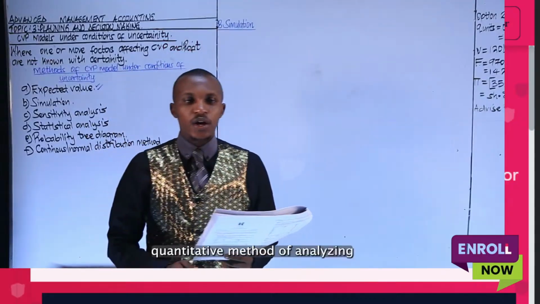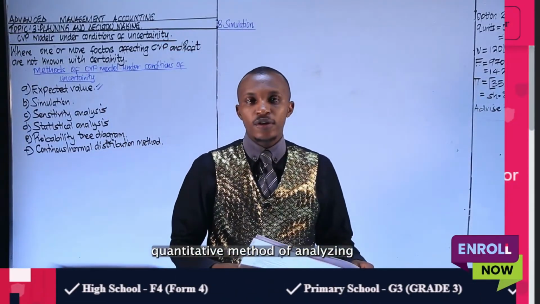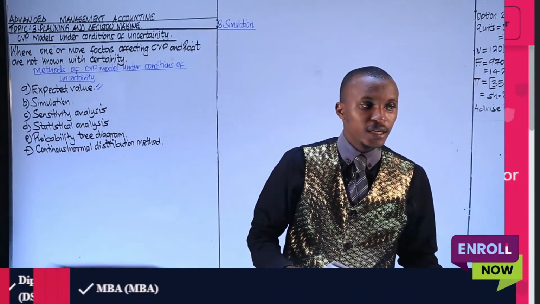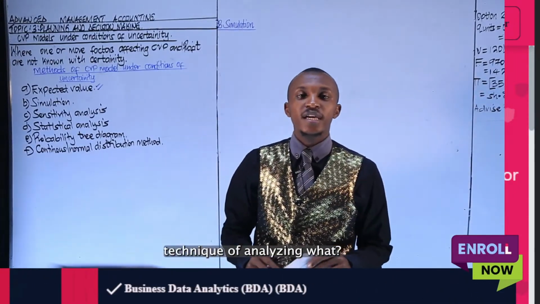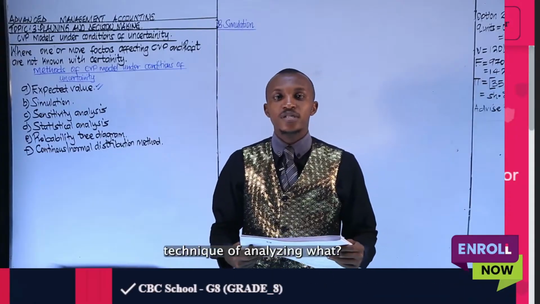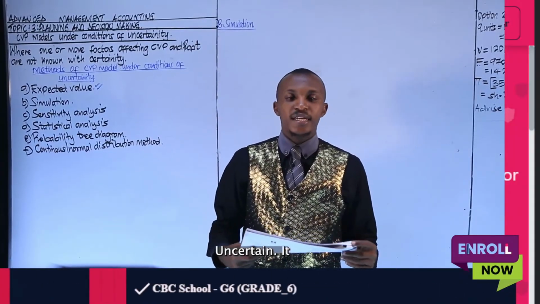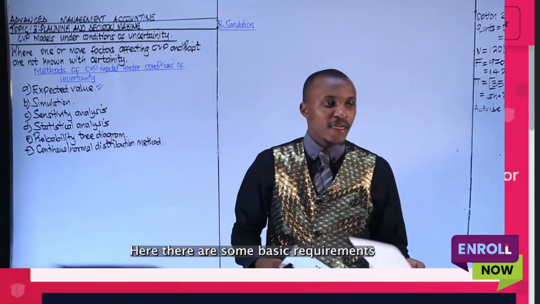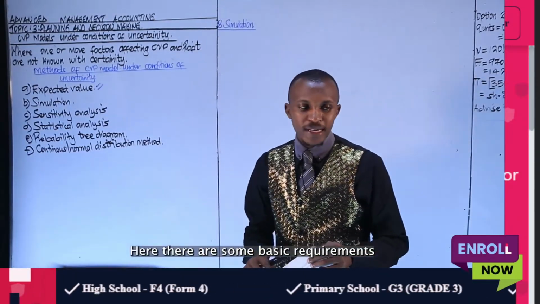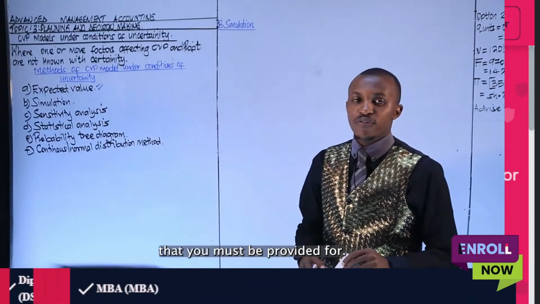Simulation is a quantitative method of analyzing uncertainty. Simulation is a quantitative technique of analyzing what? Uncertainty. And with simulation here, there are some basic requirements that you must be provided for.